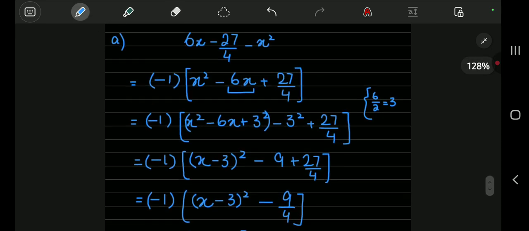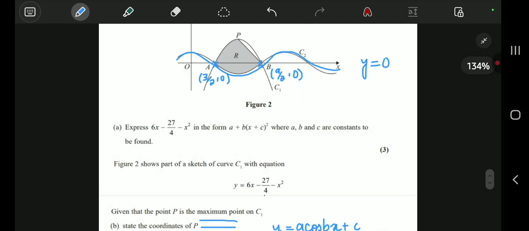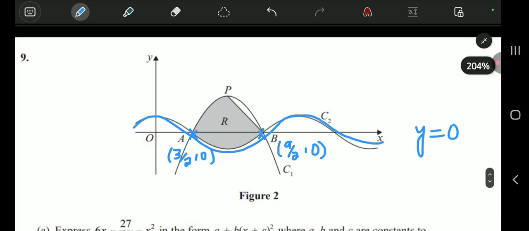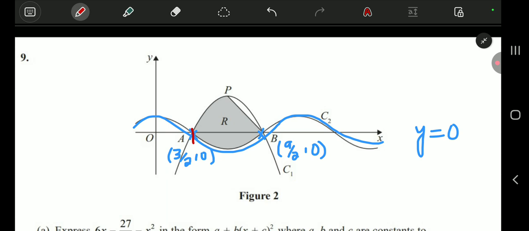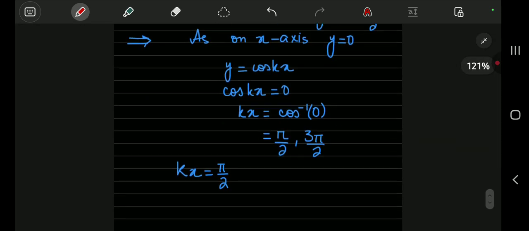So this is representing, 3 over 2 is representing pi over 2, and this 9 over 2 is representing 3 pi over 2. So when we are taking pi over 2, we need to take the x value over there to be 3 over 2, so as to find the value of k.